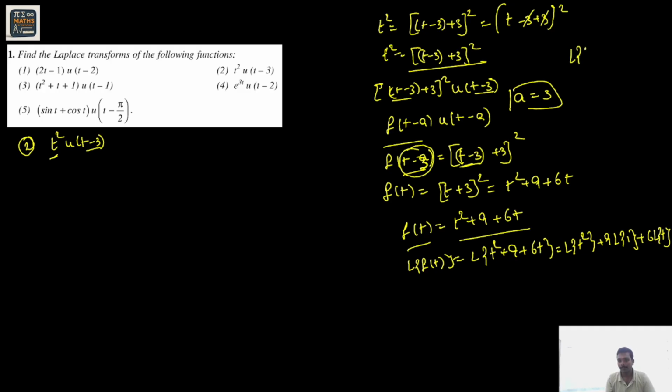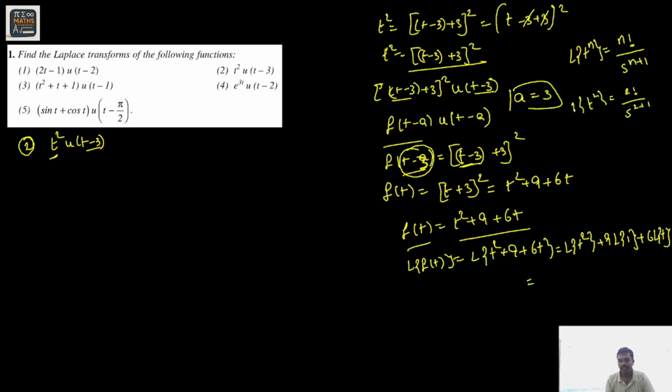We know that Laplace of t power n is equal to n factorial by s to the power of n plus 1. By using this form, Laplace of t square, here n value is 2, then we get 2 factorial by s to the power of 2 plus 1.